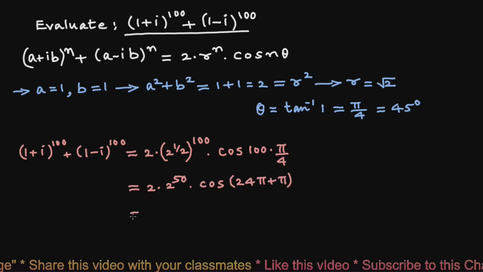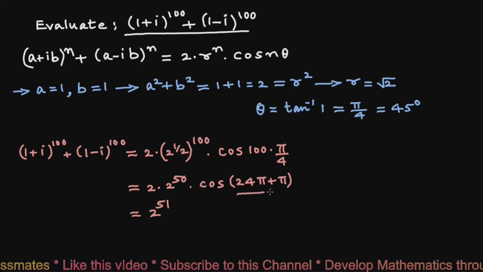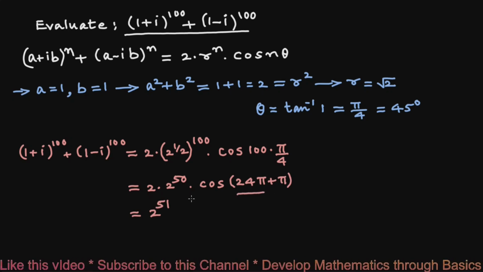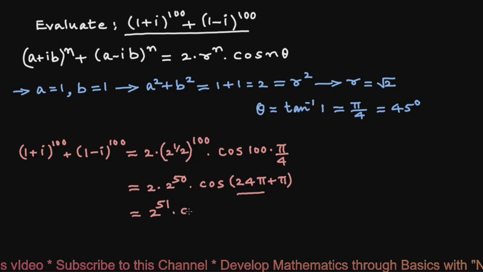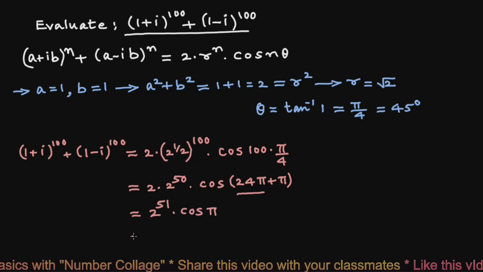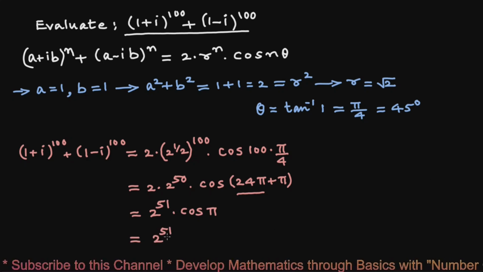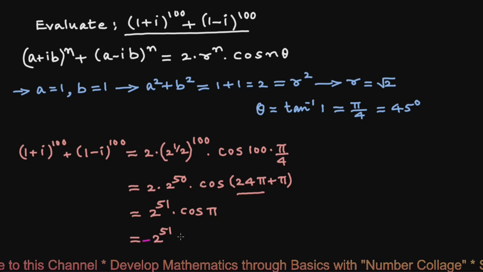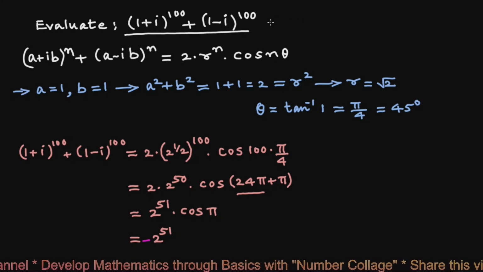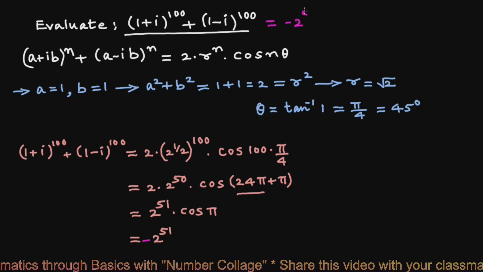This will be 2 raised to 51. 24 pi is an even integral multiple of pi by 2. So cos will remain cos and it will be cos pi. So finally this value will be 2 raised to 51, and cos pi being minus 1, it will be minus 2 raised to 51. So this value will be minus 2 raised to 51.